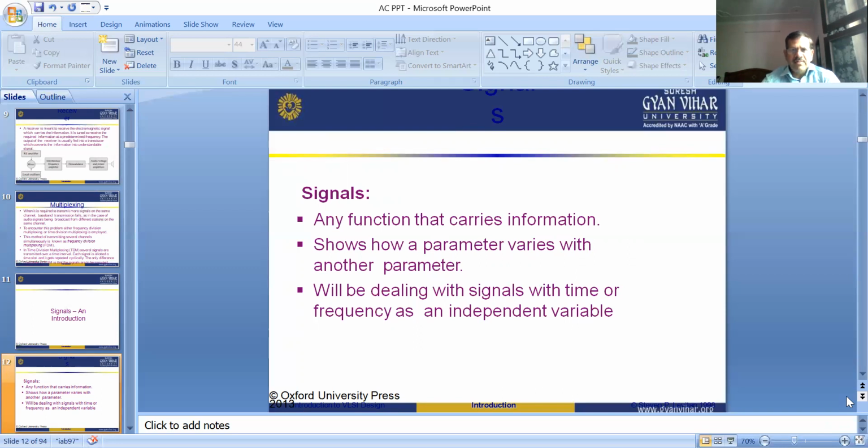The relation between time and frequency is t equal to 1 upon f, or f equal to 1 upon t, so the frequency is inversely proportional to the time. This is the relation between the time and frequency of a signal.